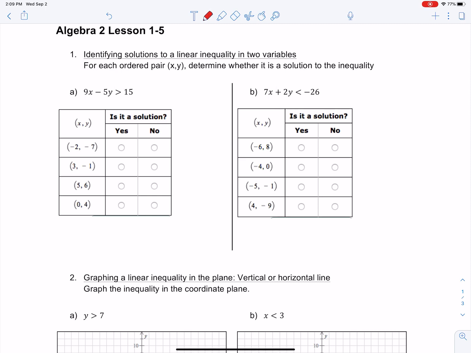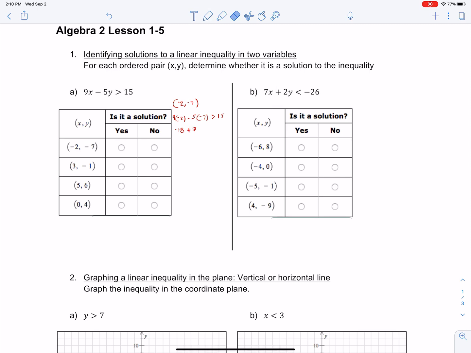So our first one is we have -2, -7. I'm going to plug it into my standard form equation here. So I have 9 times -2 minus 5 times -7 is greater than 15. 9 times -2 is -18 plus 35.